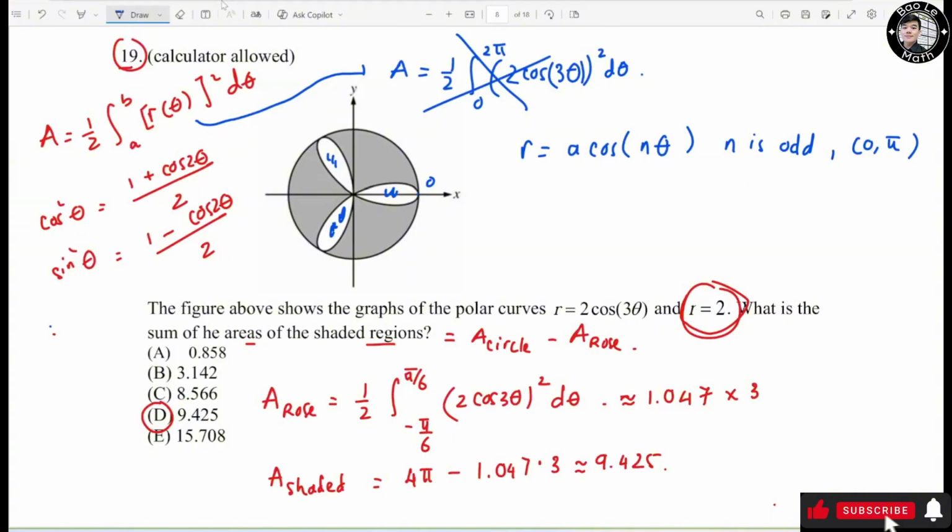Why? We look at this one right here. We start from the angle theta equals 0 to pi over 6 right here, right? We trace the top half of the first petal. Now, from pi over 6 to pi over 2, it's going to be right here, right? We get this guy. So then, observe that if the radius is negative, you're going to plot the point in the opposite way, right?